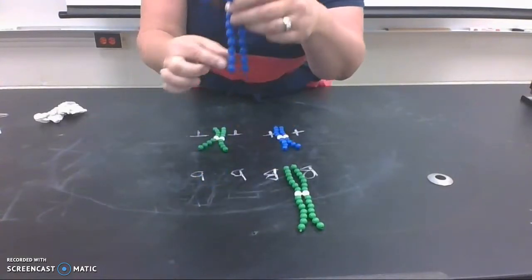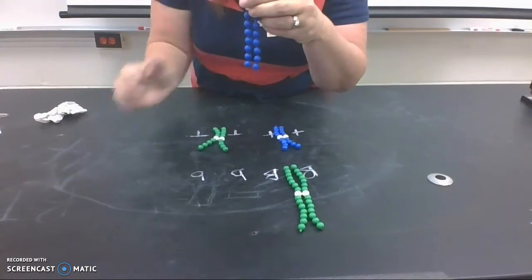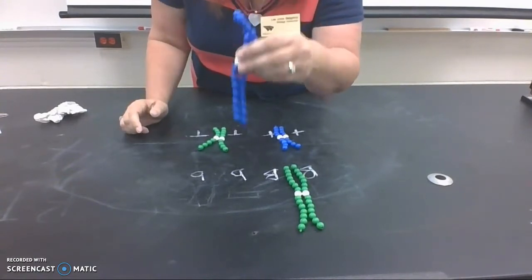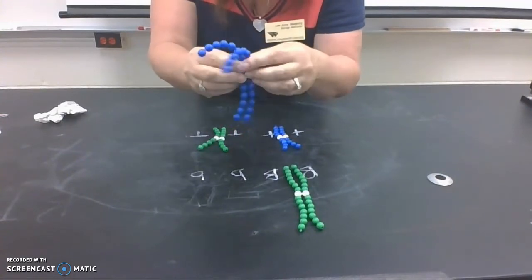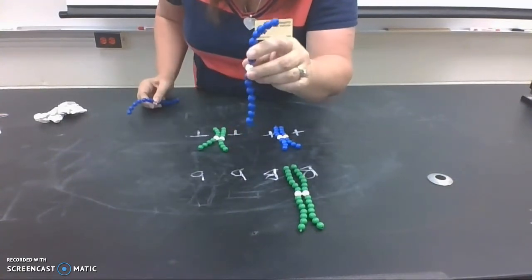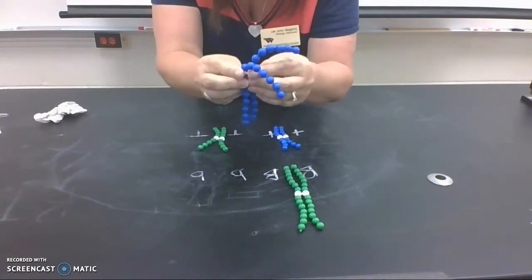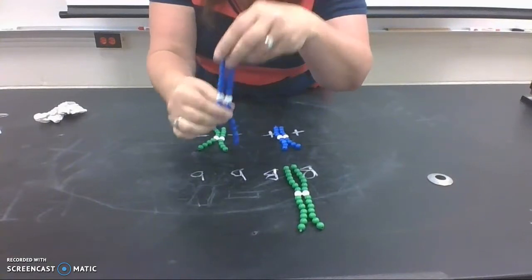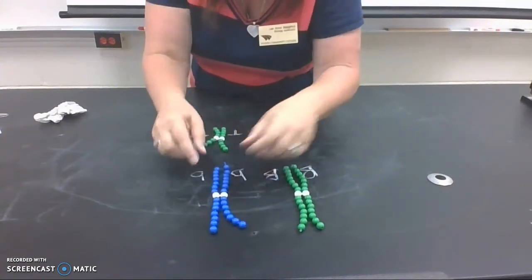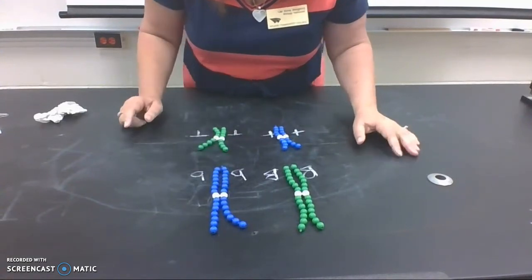Now notice the sister chromatids do have to have the very same version of that gene because they're identical. They are just a duplication. This single stranded chromosome duplicated during the S phase of interphase, and it's an identical copy. So whatever version of the gene that one chromatid has, the other one has to be identical.